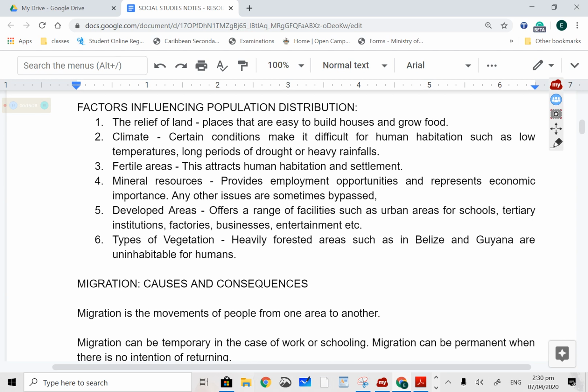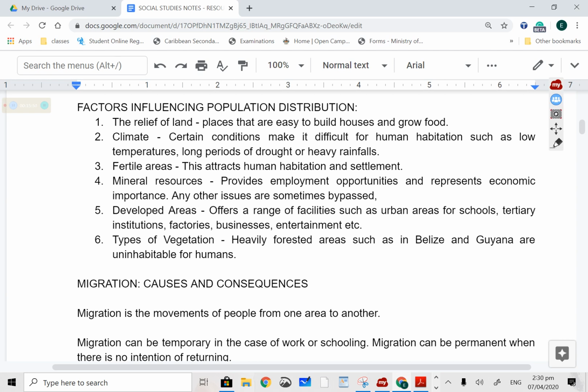And then you have the desert areas, where people cannot grow food, etc. So you have low habitation in those types of areas, with long periods of droughts or heavy rainfalls.